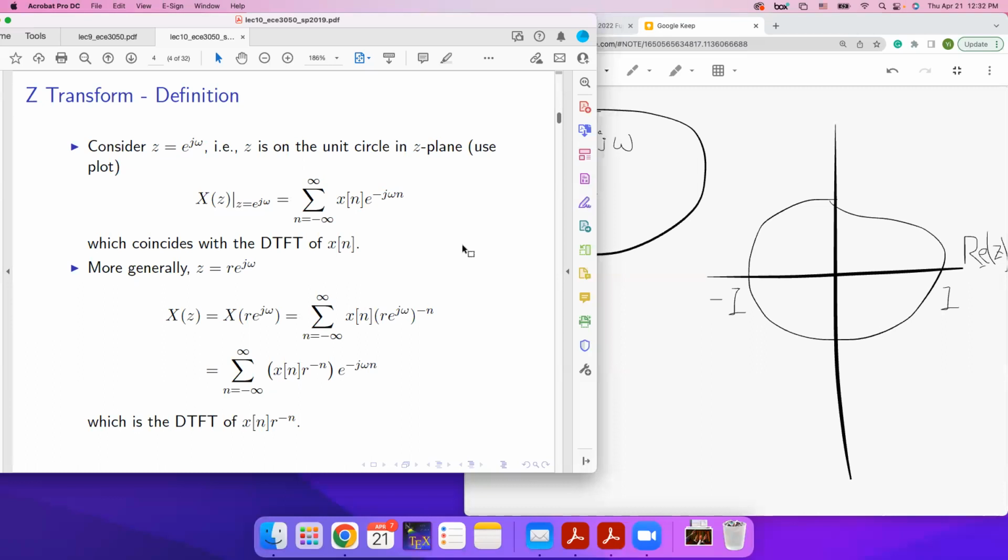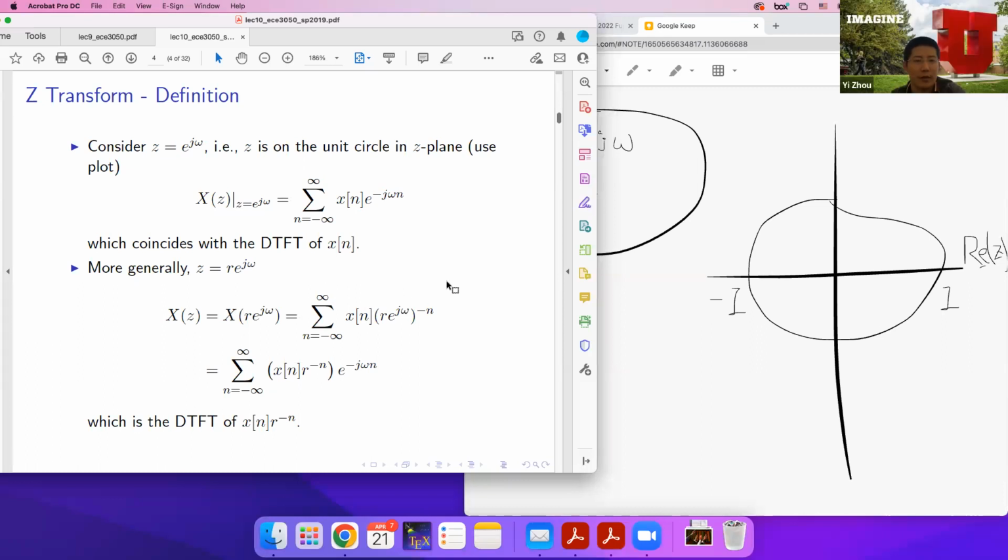Similar to the Laplace transform, the Z transform can be understood as a type of DTFT. Let's plug the polar form of z into this definition. Then we have a real part, which is r to the power of -n.